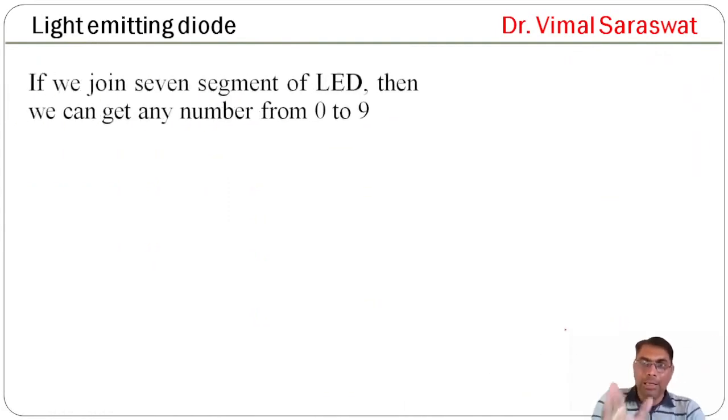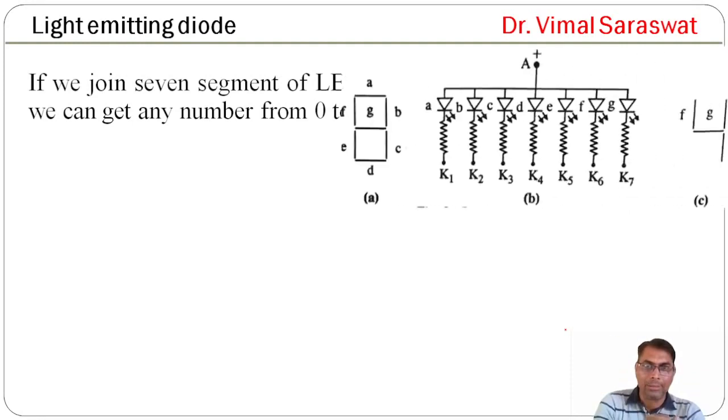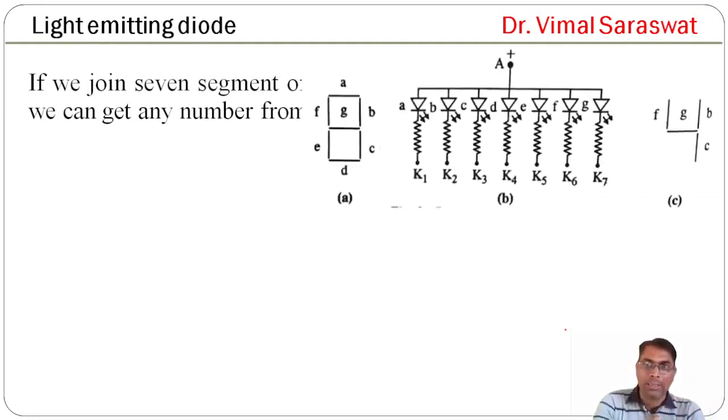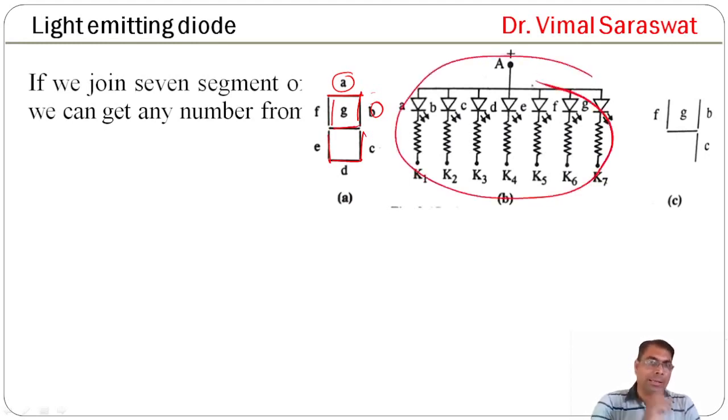If we join 7 segments of LED, then we can get any number from 0 to 9. So here we are showing the 7 segment LED. These LEDs are represented by A, B, C, D, E, F and G. This is the connection of 7 LEDs, 1, 2, 3, 4, 5, 6 and 7.